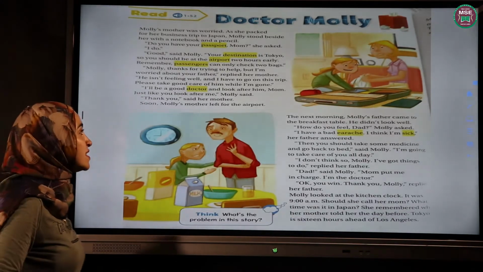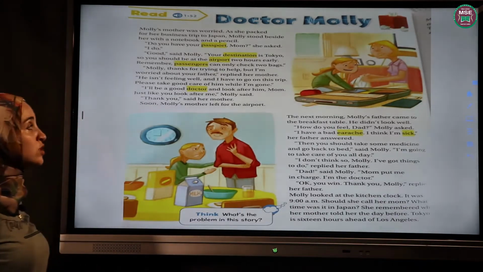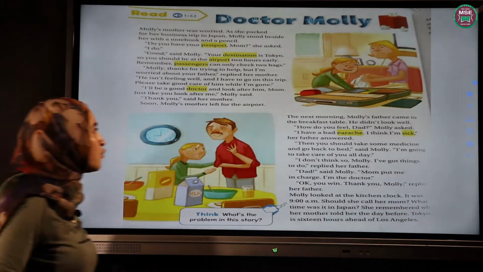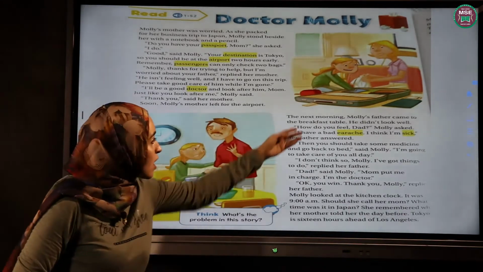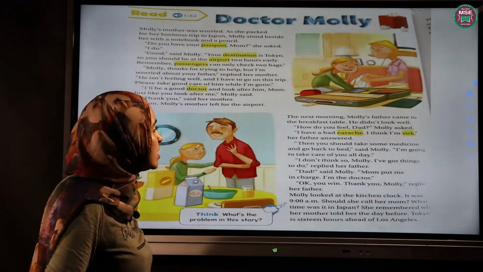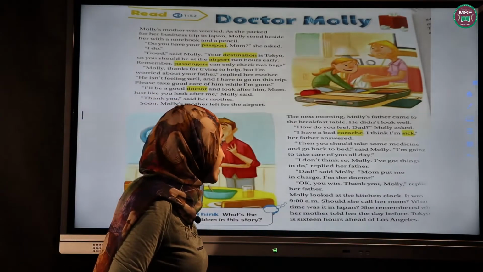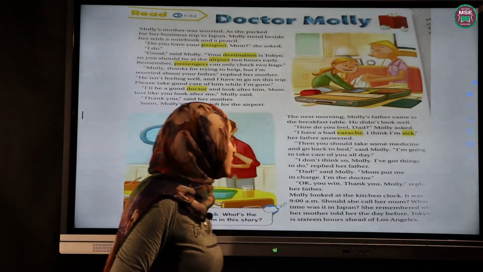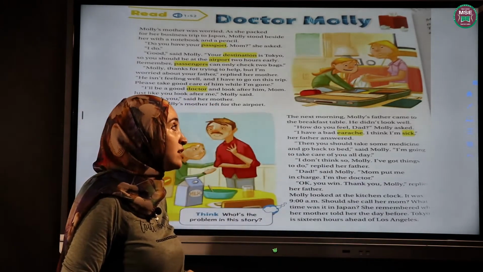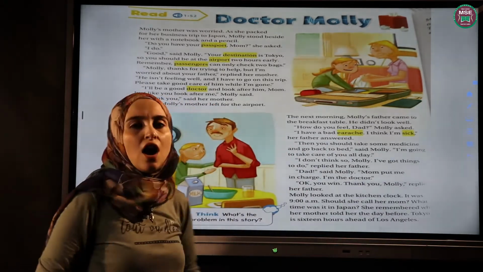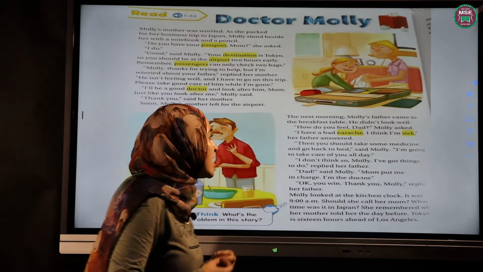"Thank you," said her mother. Soon, Molly's mother left for the airport. The next morning, Molly's father came to the breakfast table. He didn't look well. "How do you feel, Dad?" Molly asked. "I have a bad headache."